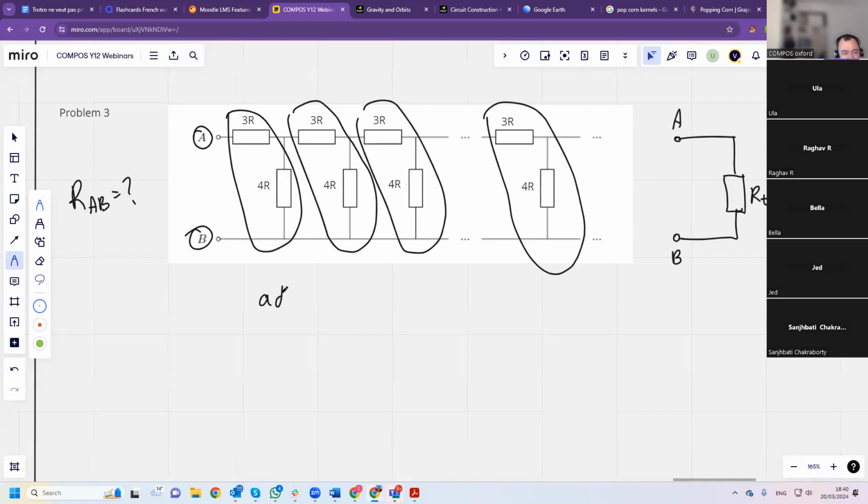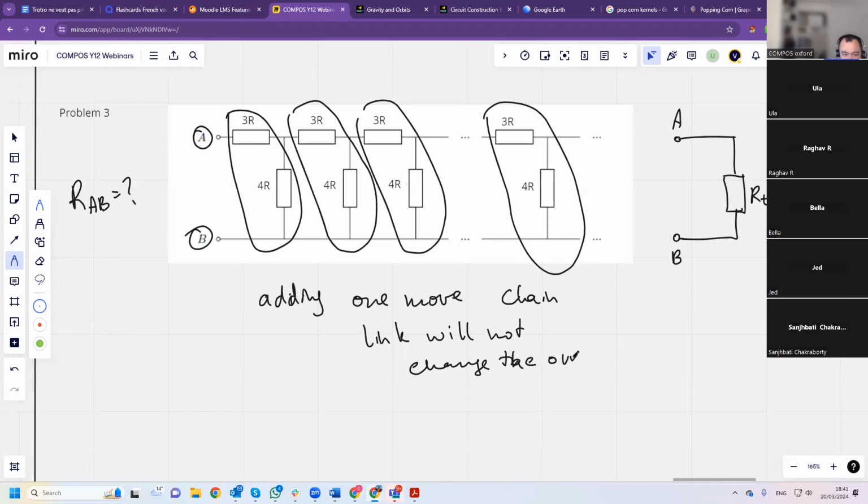So adding one more chain link will not change the overall resistance, because if it's infinity already, adding one more doesn't do anything.